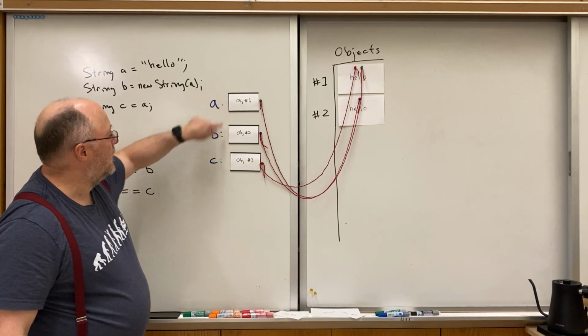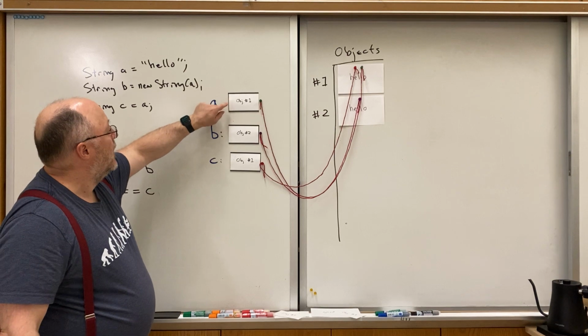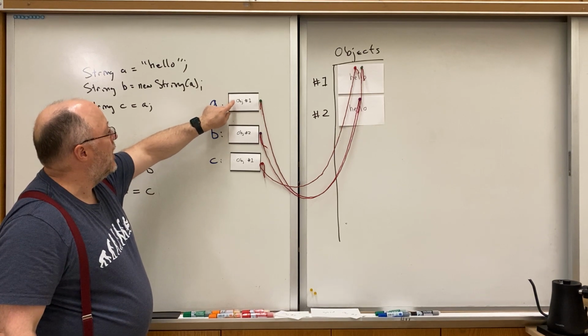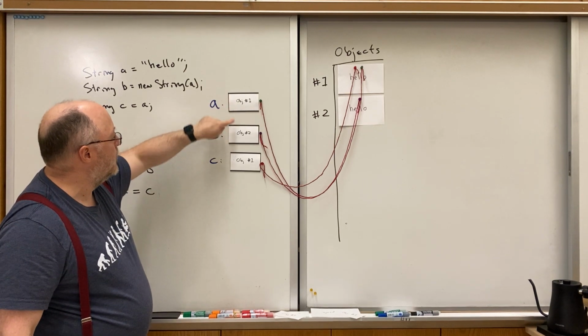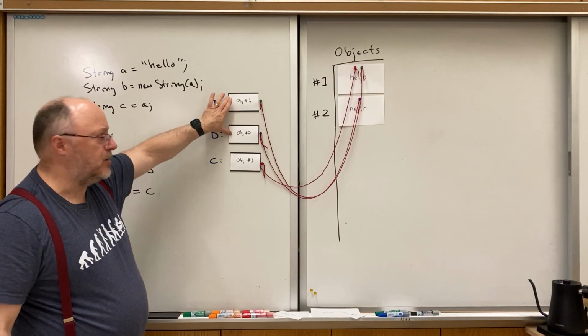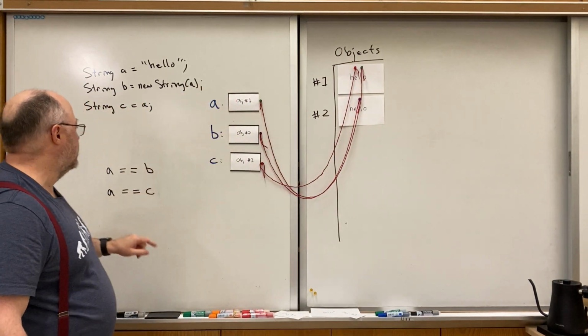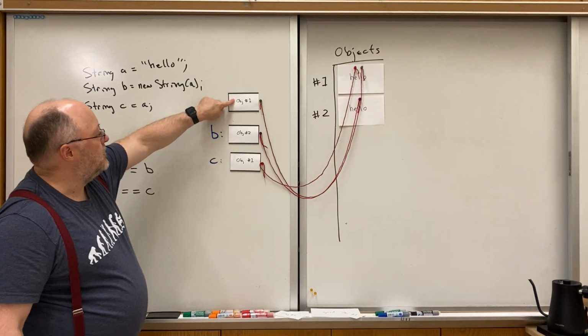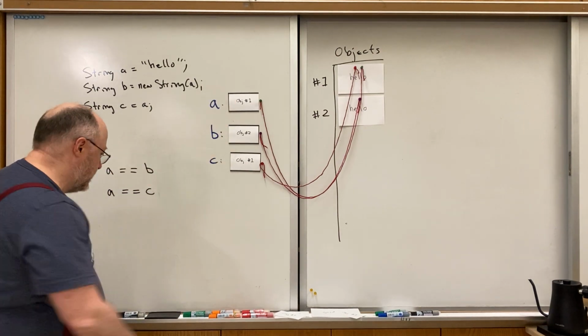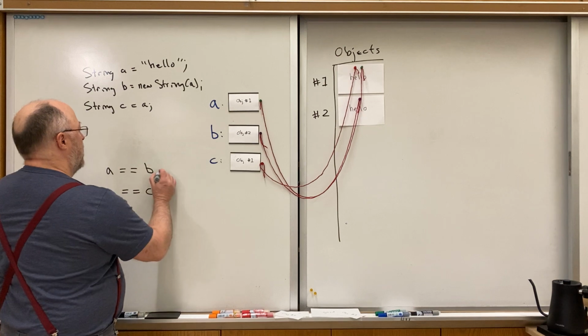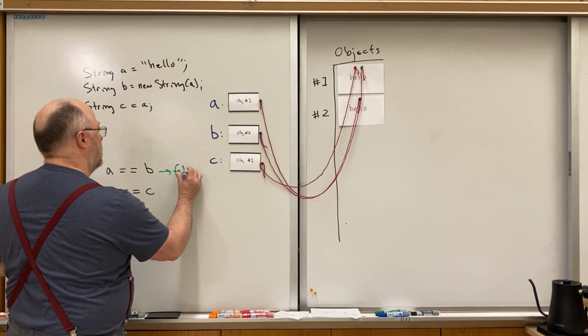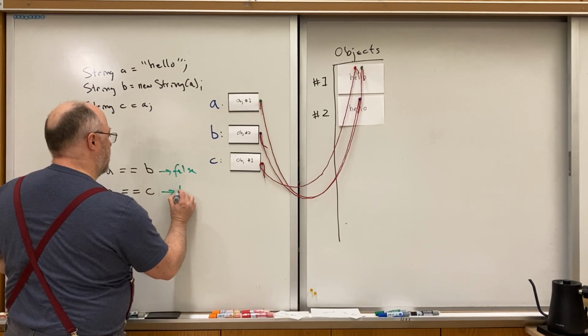In this case, since I haven't reassigned anything, A is object 1, B is object 2, those are different values. I don't need to do anything with the yarn to tell that these are different values. A equals C, object 1, those are the same. So this time, A and B is false, and A and C is true.